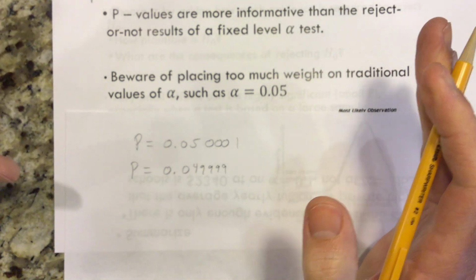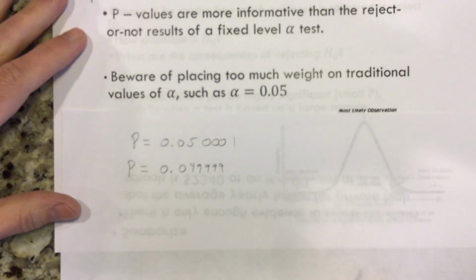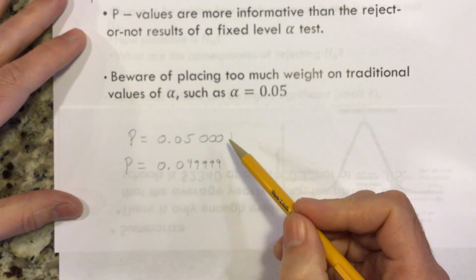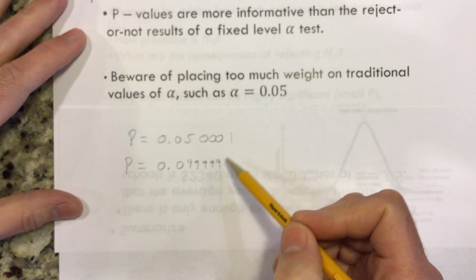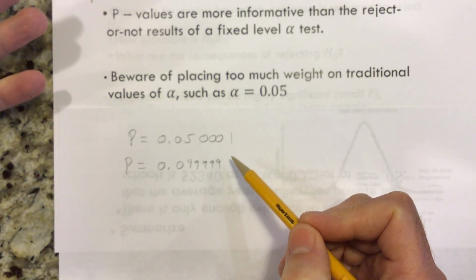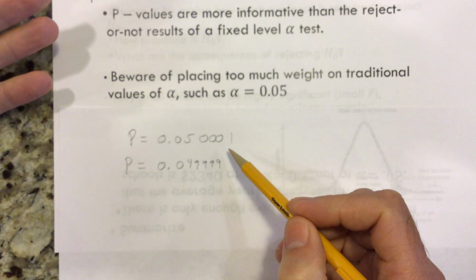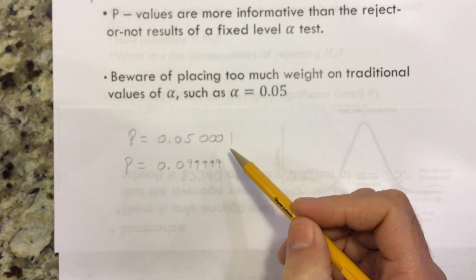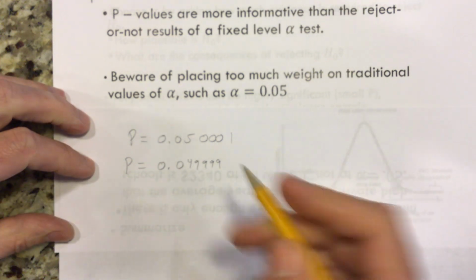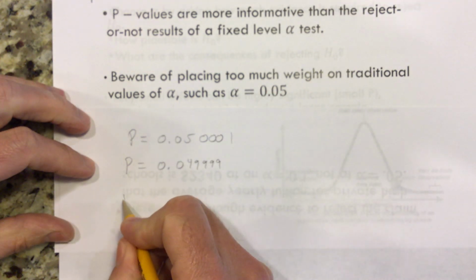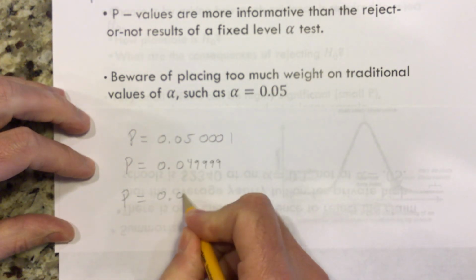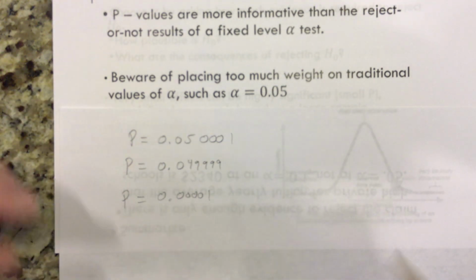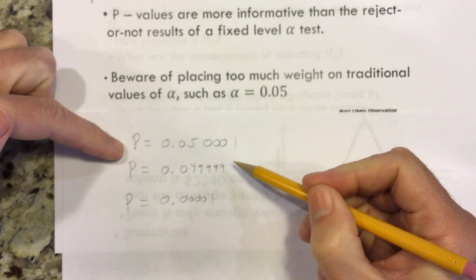And that's the point we're trying to make here. Don't just focus on 5% as a be-all, end-all. Report your p-value and say we have roughly a 5% p-value. This is moderate evidence to reject the null hypothesis. Versus, these two are the same.